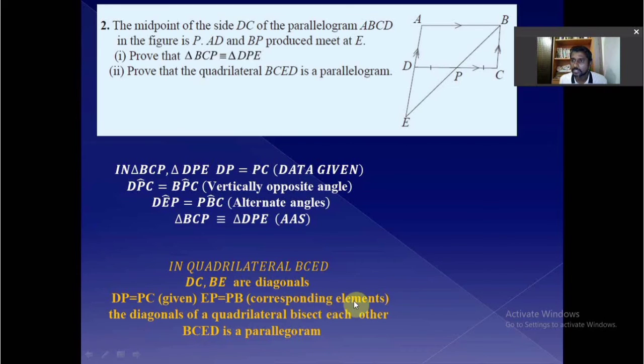Therefore, the two diagonals bisect each other, and then BCED is a parallelogram.